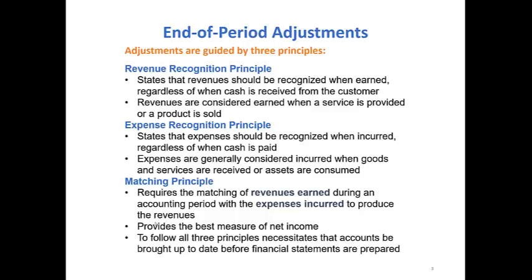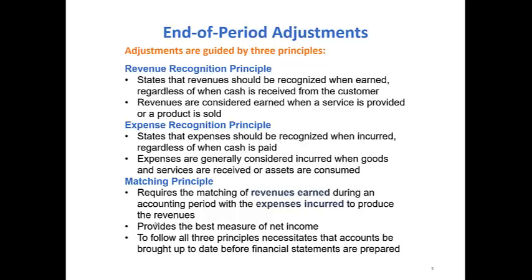And then there's the matching principle. It requires the matching of revenues earned during an accounting period with the expenses incurred to produce the revenues. So you remember that expenses are paid out to help us earn the revenues. So the expenses that we paid to help earn the revenues in a specific period need to be recorded together.